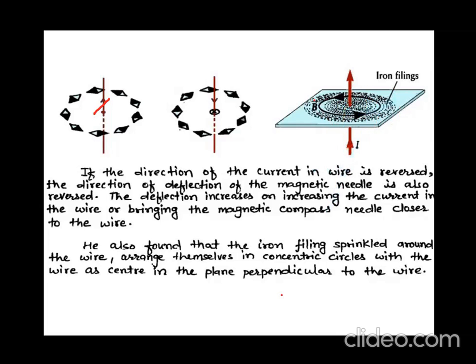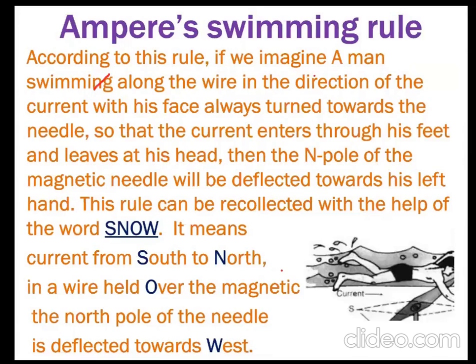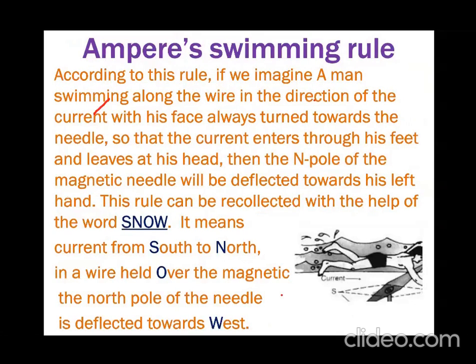So this was Oersted's experiment, and he showed that the magnetic field direction depends upon the direction of the current. On reversing the direction of the current, the direction of the magnetic field can be reversed, right?